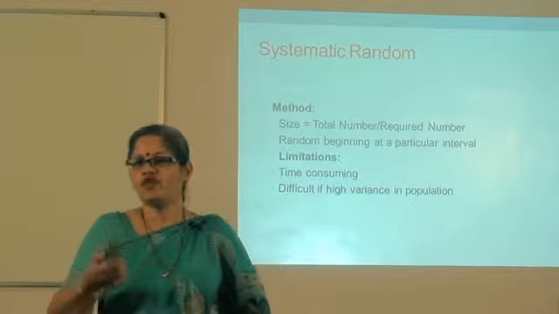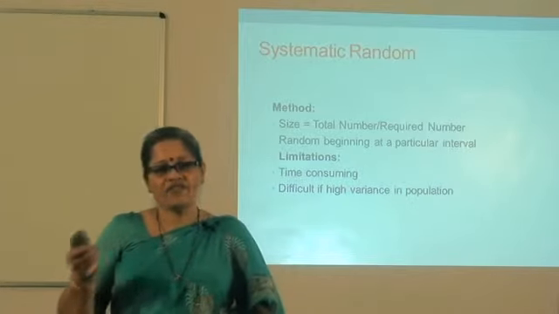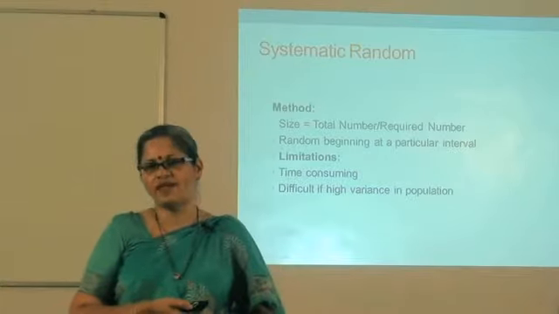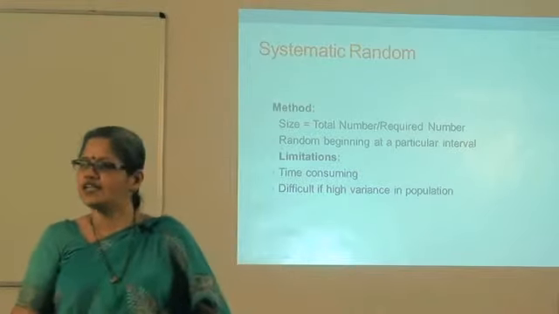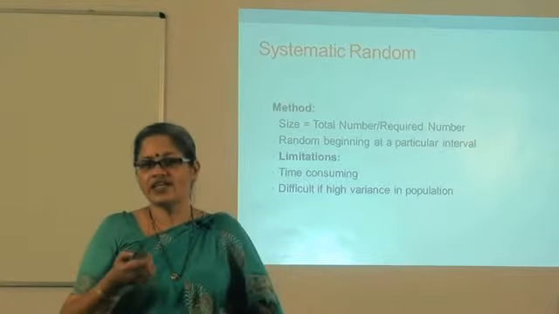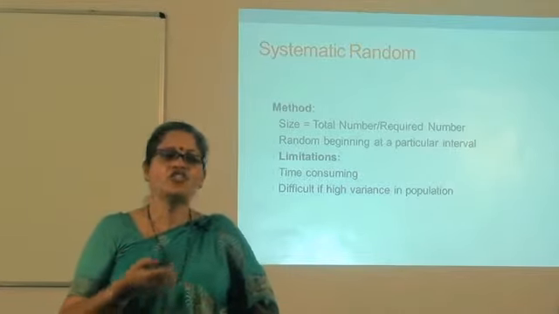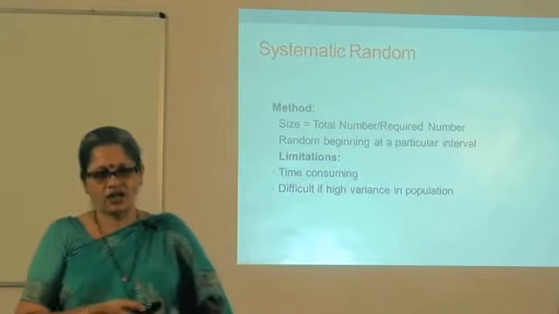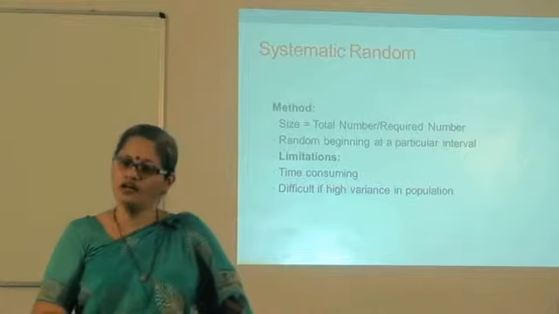So even if you are following something systematic, the initial unit which you have selected in your sample and the later units you will be selecting may have some variation. So in that case, you may not be able to generalize from the findings which are based on this sample. So that becomes the limitation.